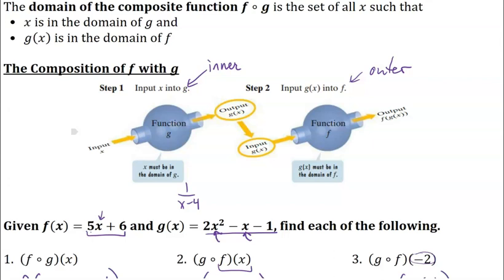The output we get from this becomes the input into the outer function, okay? So now whatever that output is, it has to be in the domain of f. So let's say f was something like the square root of x minus 5.